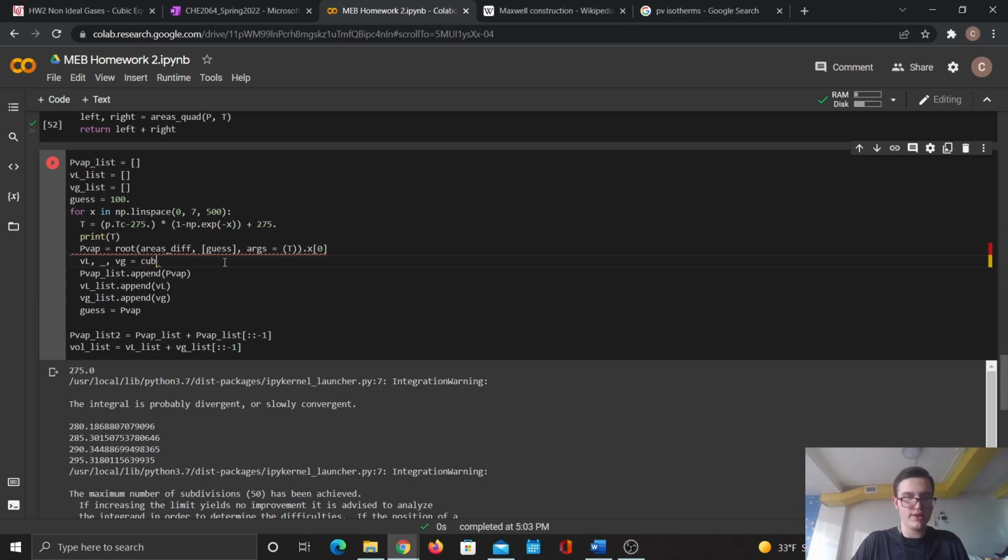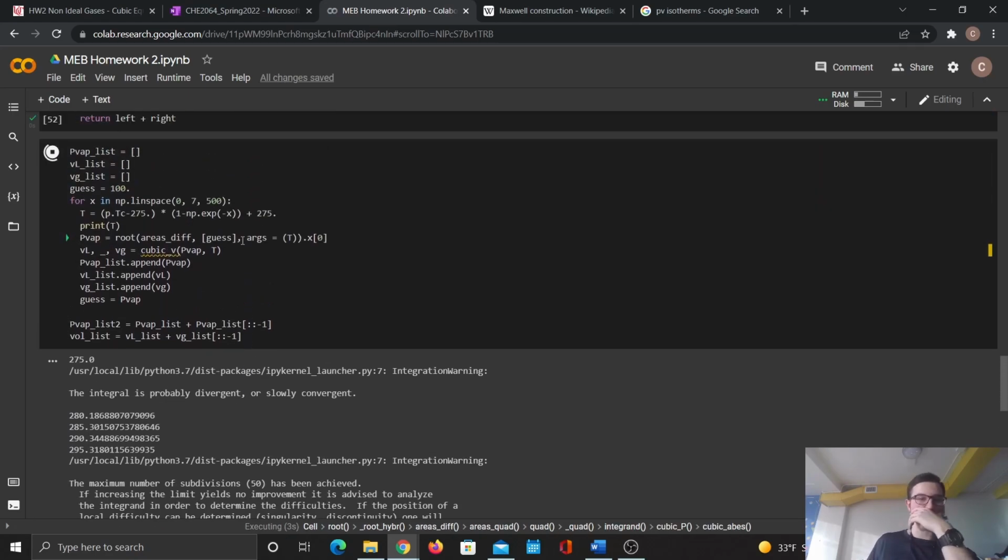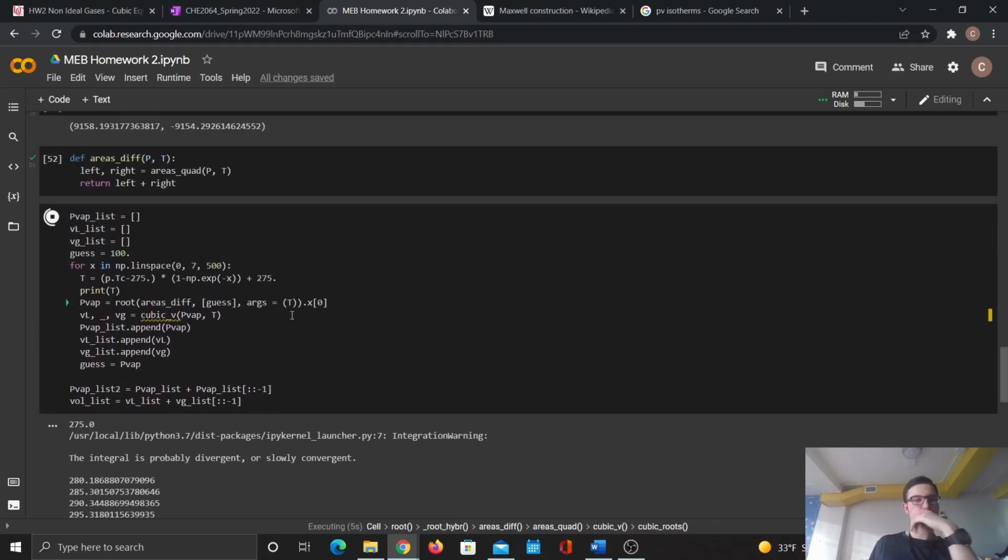Equal to cubic V. It's giving me an error. So let's try again. That and T. Try that again. Still doing it slowly. Why are you still doing it slowly?